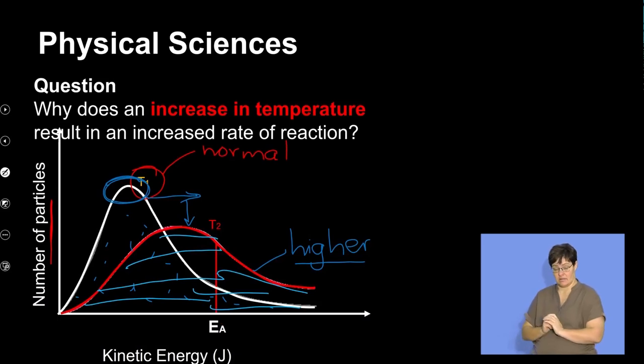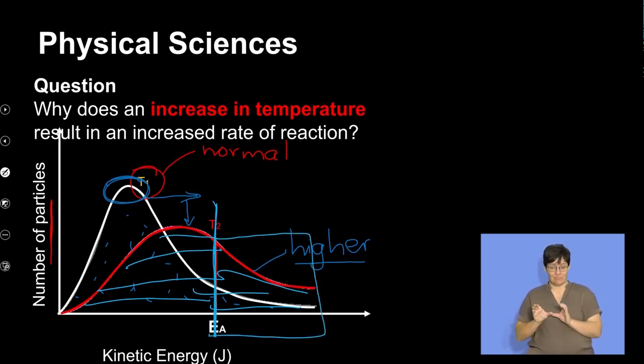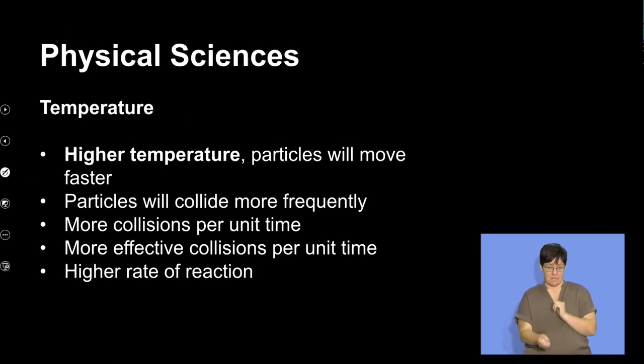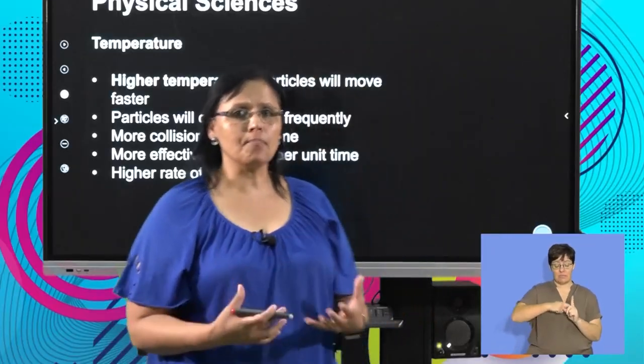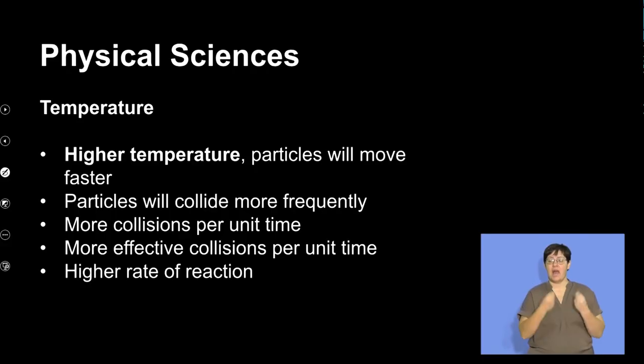So what we can see now is that our activation energy shows us that that compartment there is the compartment that will have effective collisions. If we explain that in terms of the collision theory, we can say at a higher temperature, the particles move faster on average.